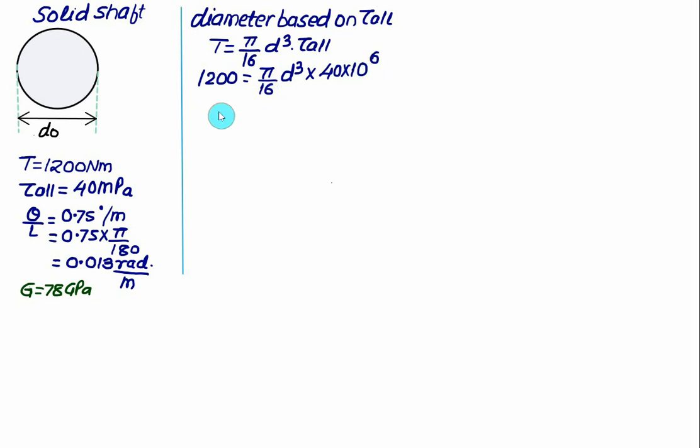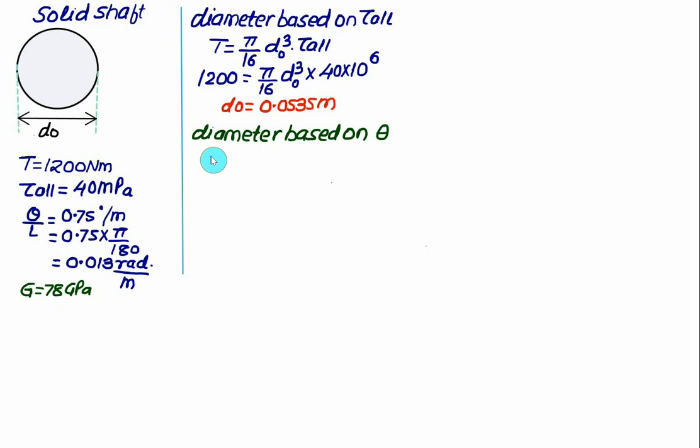So the diameter you get will be in meter. You will get the diameter D0 equal to 0.0535 meter.